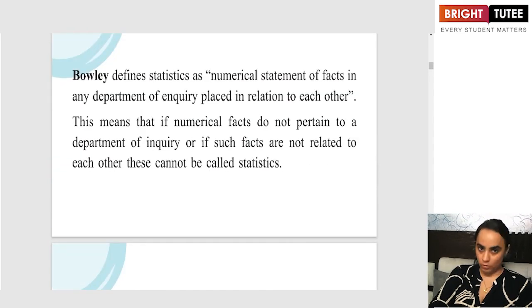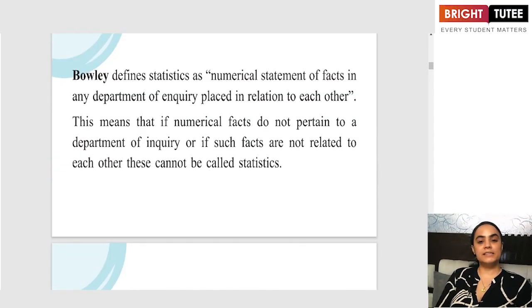Bowley defines statistics as the numerical statement of facts. How the facts were numerically stated in any department in relation, in comparison to one another.